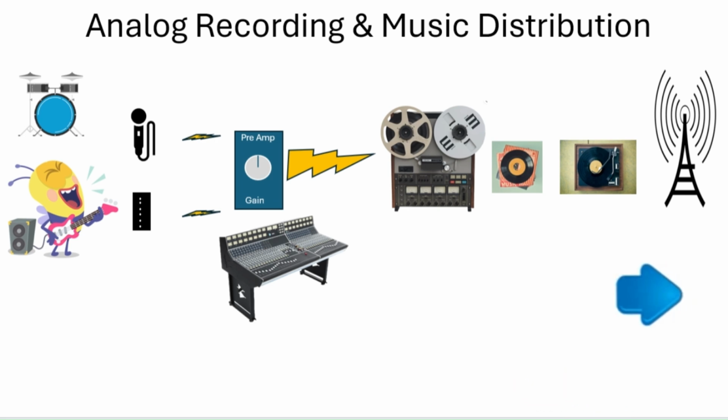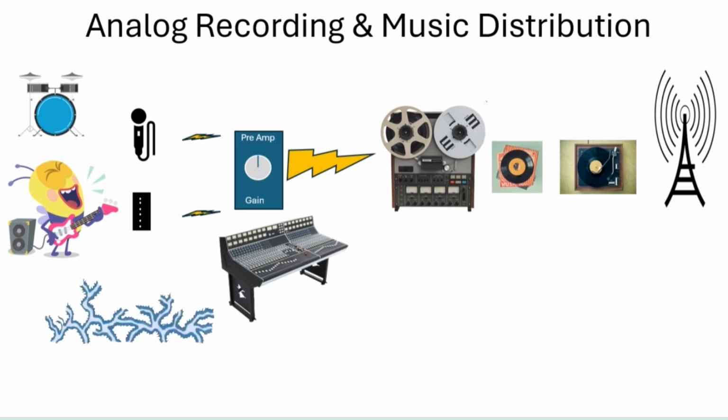That in turn might have been played by a disc jockey at a radio station, which converted that again into voltage and then sent it out for broadcast out to all the radios across the world. Now let's just go back upstream a little bit to an electric guitar. An electric guitar has a pickup in it, which is called a transducer, and it doesn't have a diaphragm that moves.